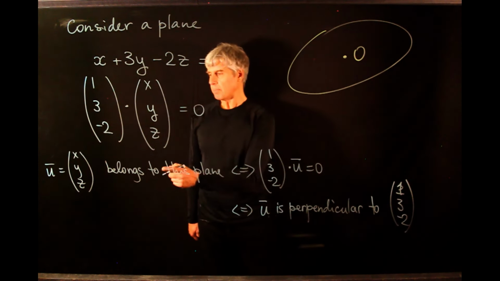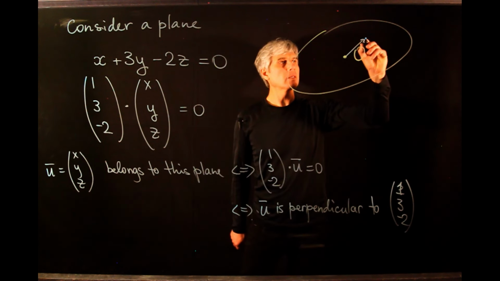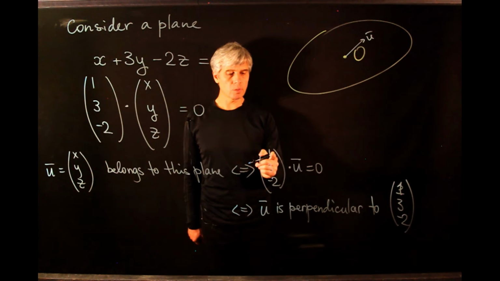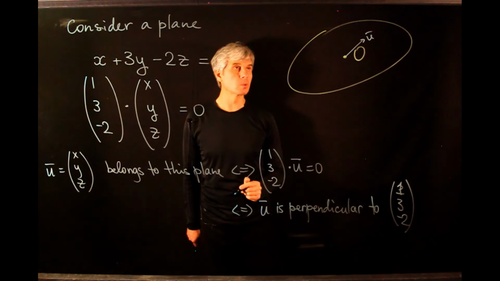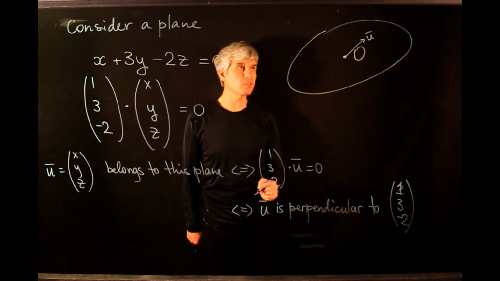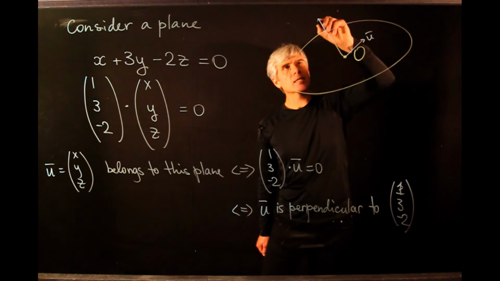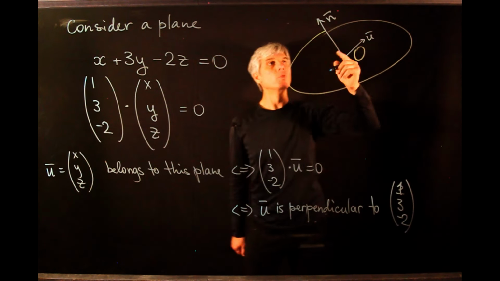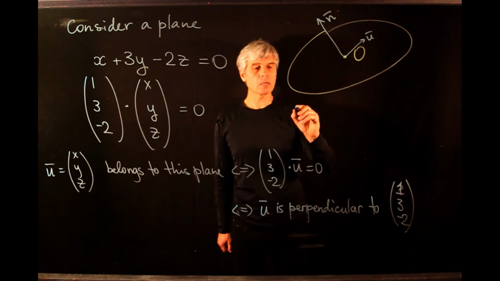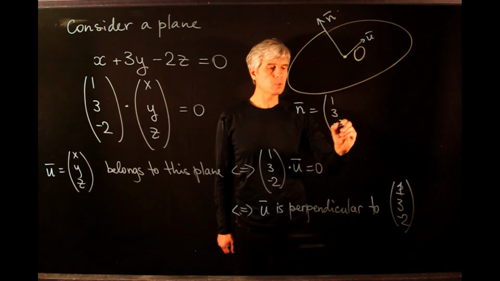Now, this means that all vectors in this plane must be perpendicular to the vector 1, 3, negative 2. So what's the geometric meaning of this vector? The geometric meaning of this vector is that this is a vector which is normal to this plane, or perpendicular to it. So here n is 1, 3, negative 2.